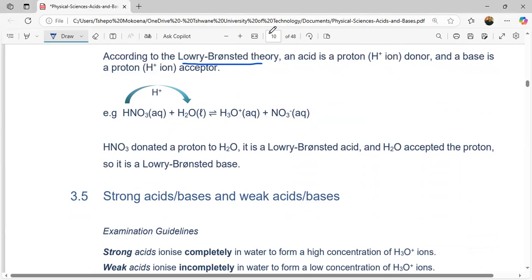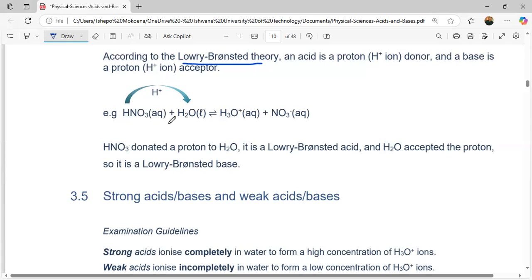Remember that from the chemistry level, we have learned that hydrogen can behave as a metal or a non-metal. So if it behaves as a metal, it will have to donate the electron. Then obviously, hydrogen has one electron, one proton. So if it donates that electron, it remains behind with the proton. So in this case, then we call it a proton. Okay. All right. So Lowry and Brønsted.